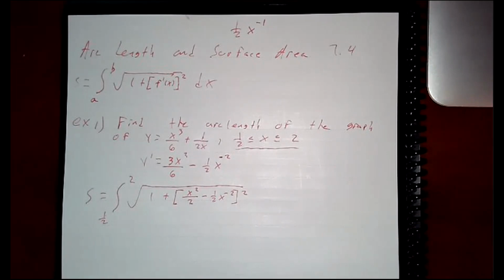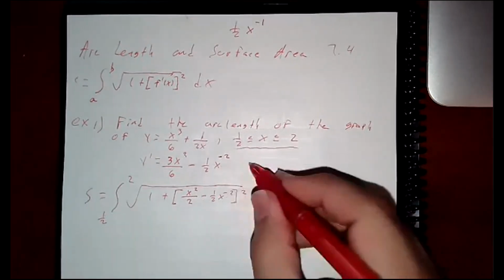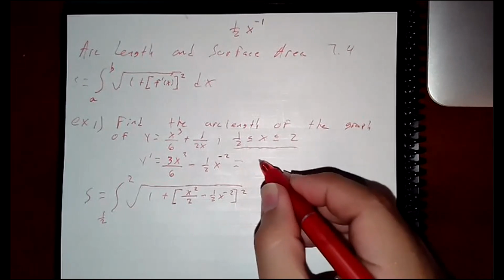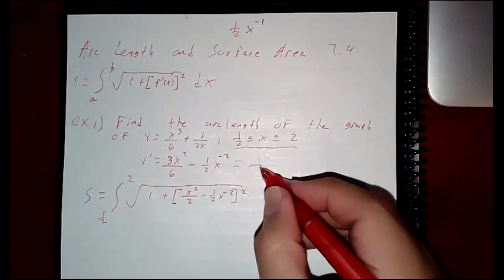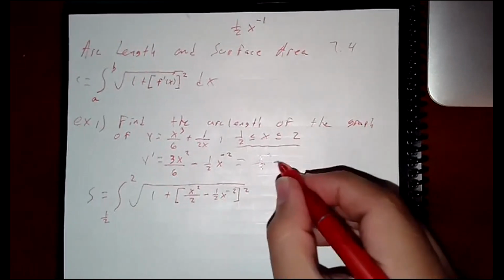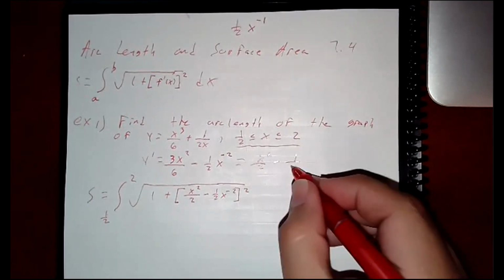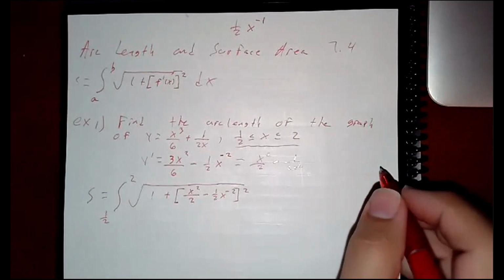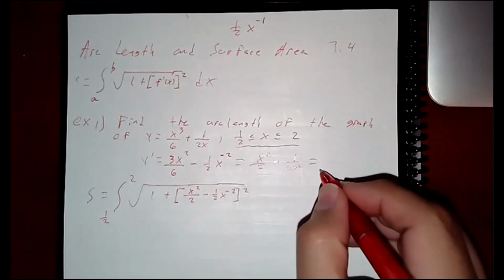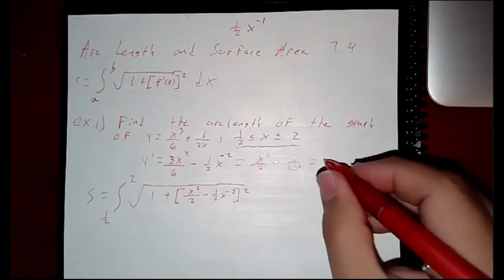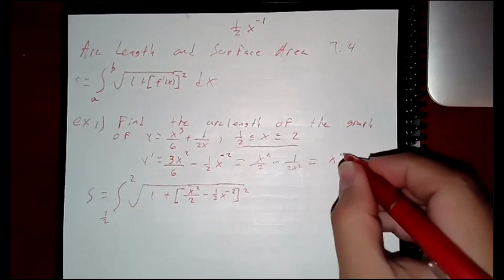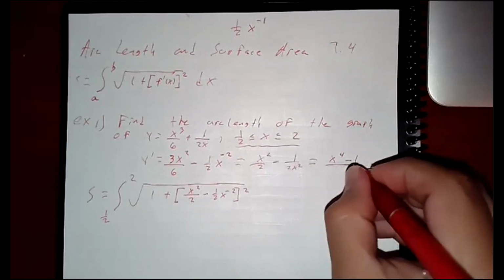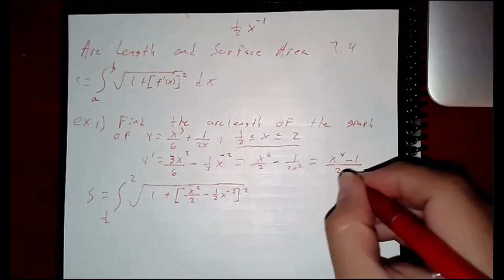So we might want to try to rewrite this first. This derivative can be rewritten as x squared over 2 minus 1 over 2x squared, correct? Yes, sir. And we combine that into one fraction, so that would be x to the 4 minus 1 over 2x squared.